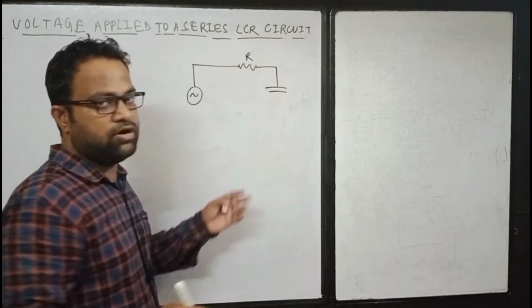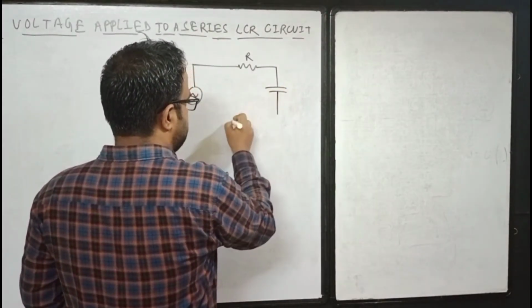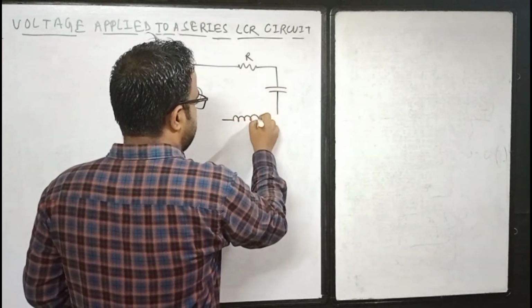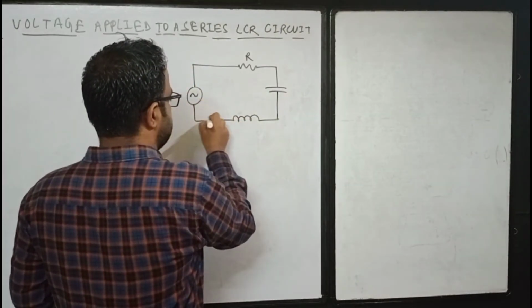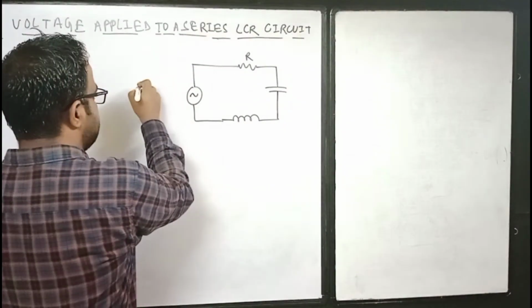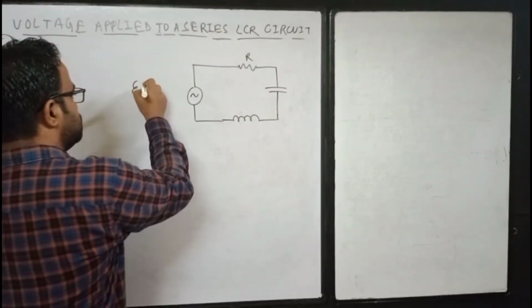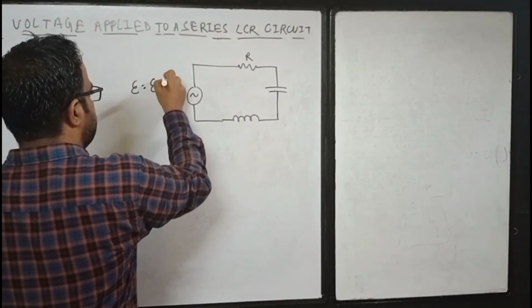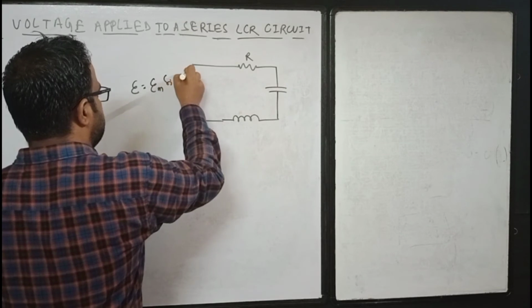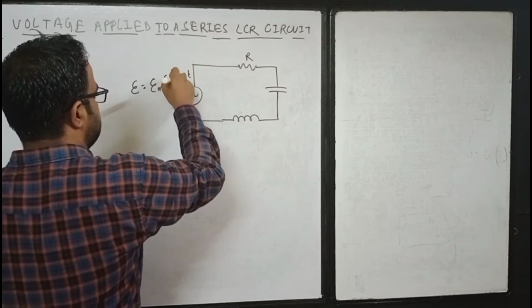These are the symbols of the electrical components, you know that, and there will be an inductor in the circuit, and here we are applying the voltage, and let's say it is an oscillating voltage, it is an alternating voltage. So we'll write EM sine omega t, we'll write like this.